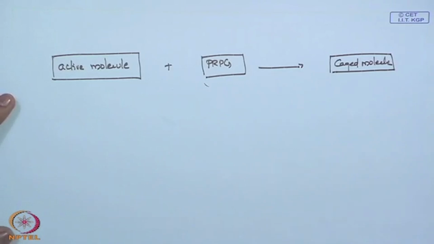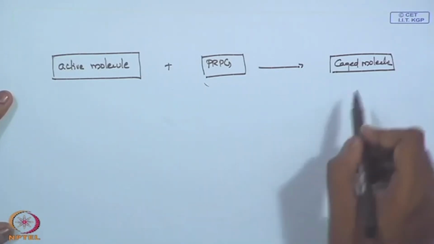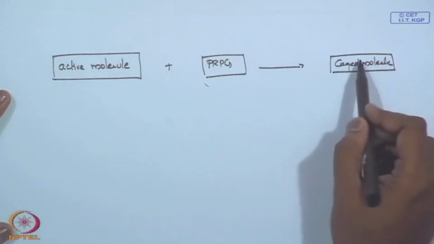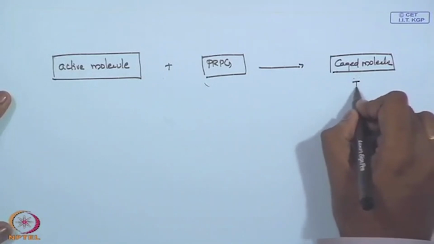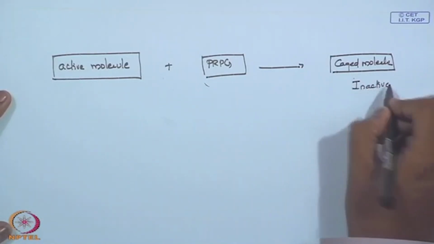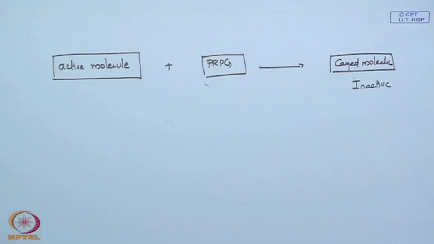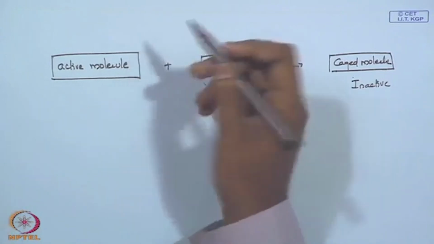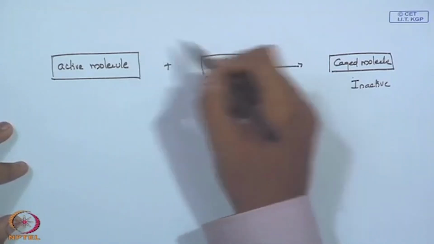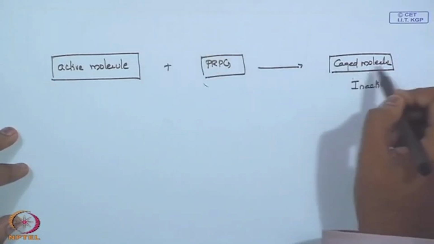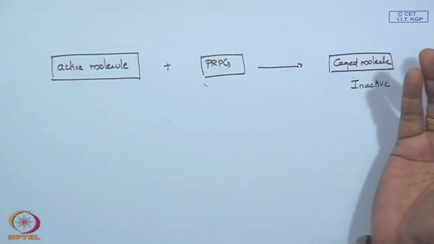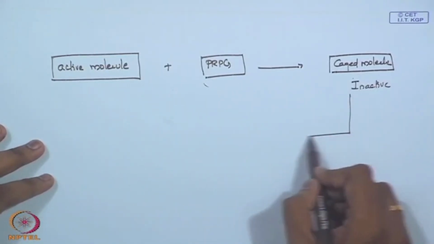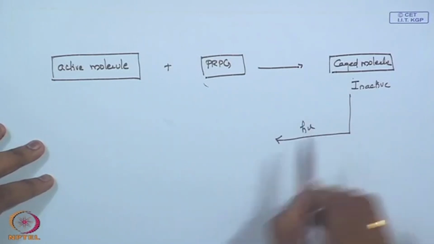The important point of this caged molecule is that the activity of the drug will be lost, that is, the molecule will be inactive. You should attach your protecting group in such a way that, for example, if the OH of your molecule is necessary for its activity, then you attach the protecting group to that OH, so that the caged molecule becomes inactive. Now, after this, you shine the light externally.